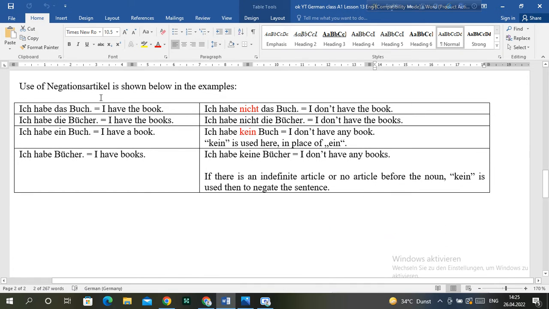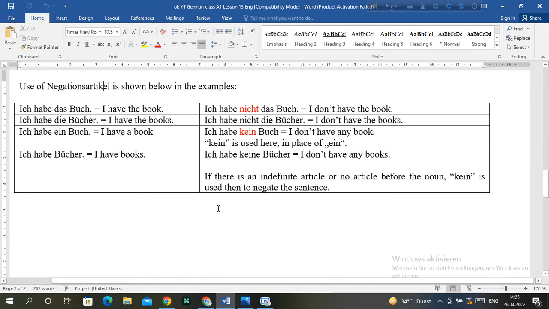The use of negations article. As we have already mentioned, a negations article is used to negate a sentence. But there is another word which is also used to negate a sentence, nicht. That means a German sentence can be negated with nicht or negations article kein or keine.